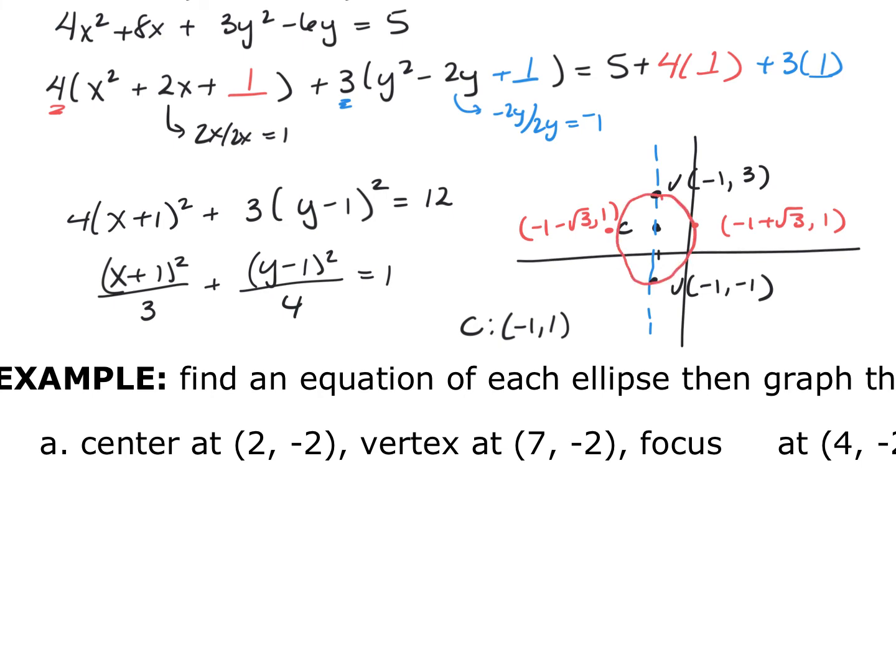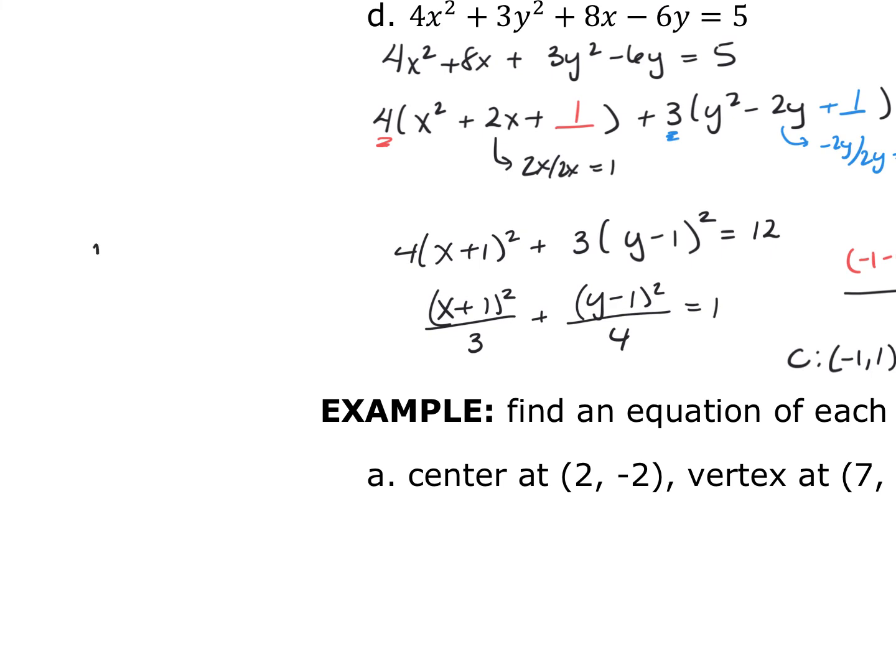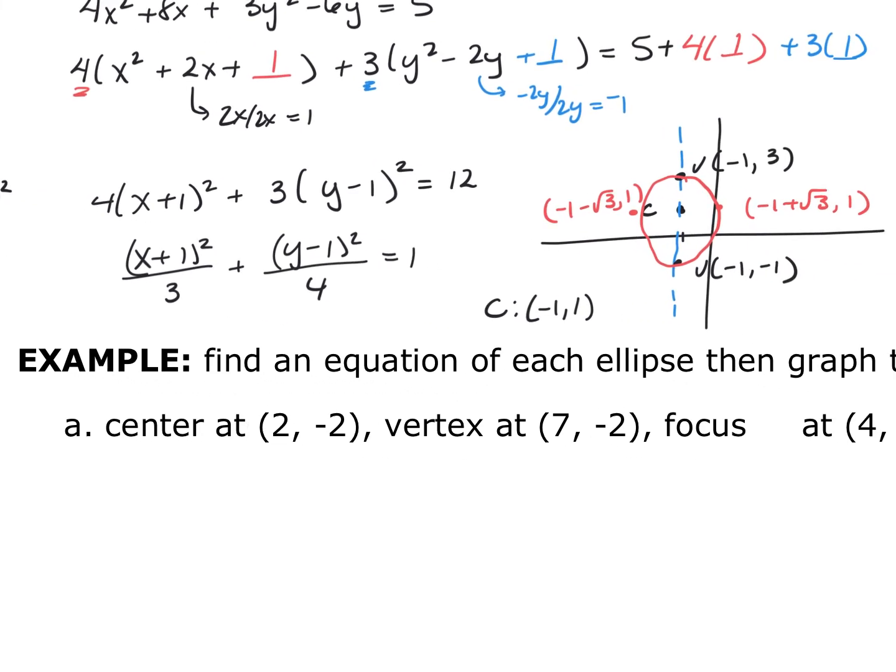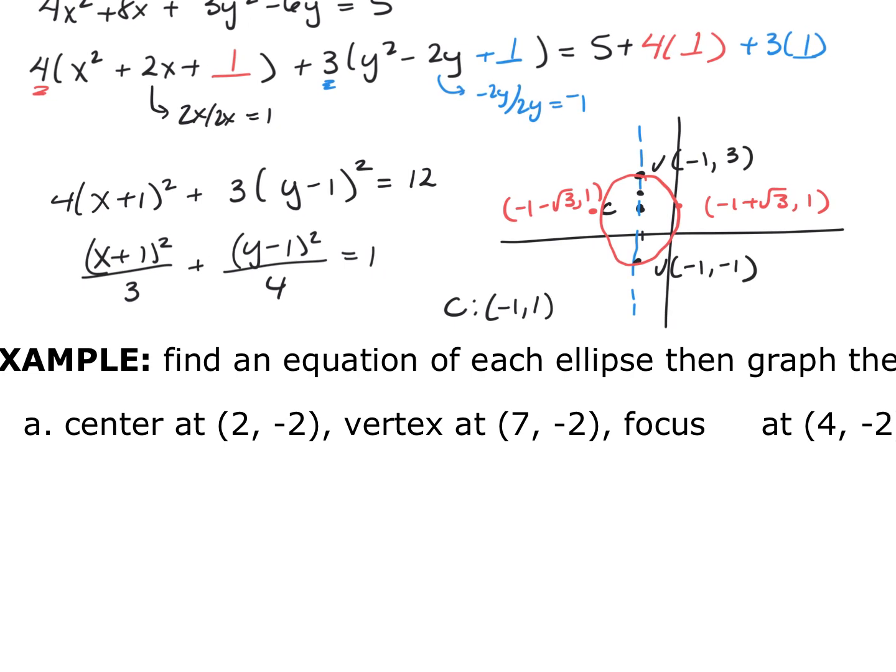Still need to find my foci, of course. And so for my foci, c squared is equal to a squared minus b squared. So c squared is equal to 4 minus 3. So c is plus and minus 1. Oh, this is the first time we had a really nice focus. So I'm going to go up 1 and down 1.